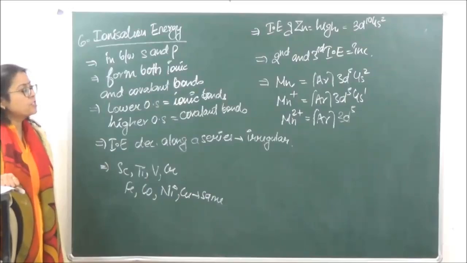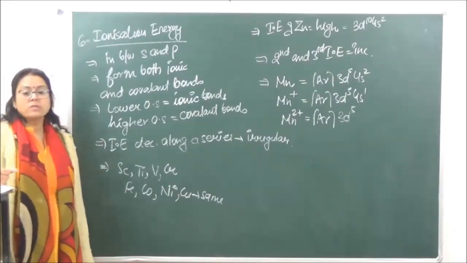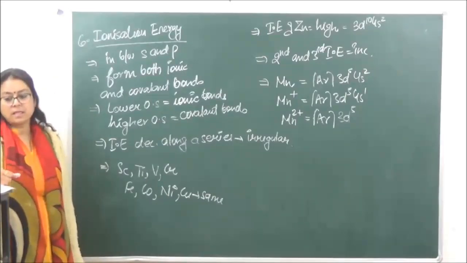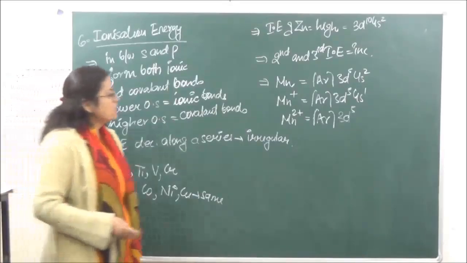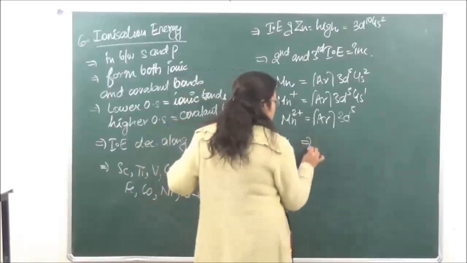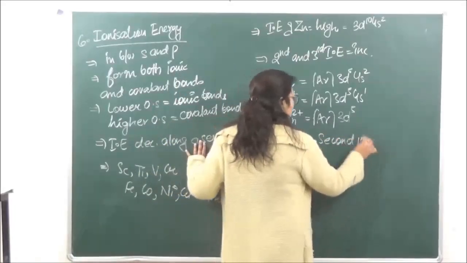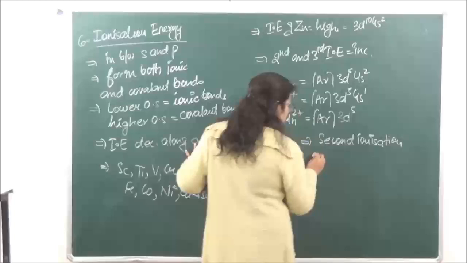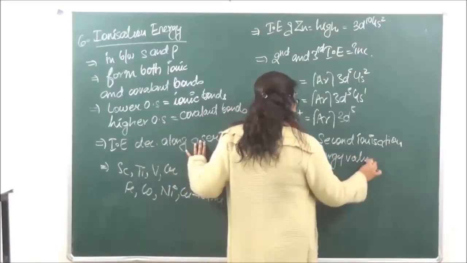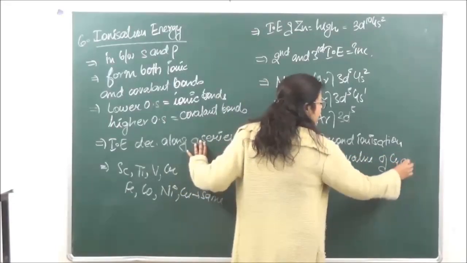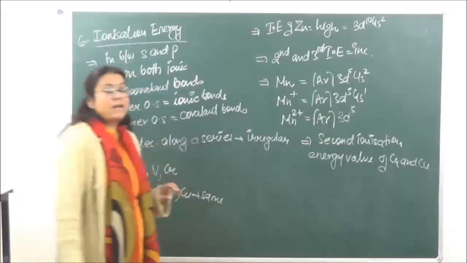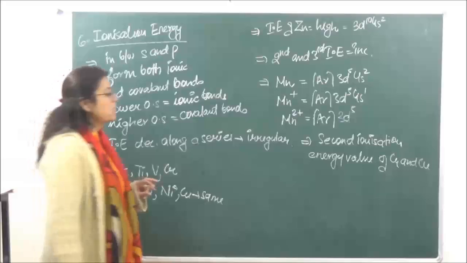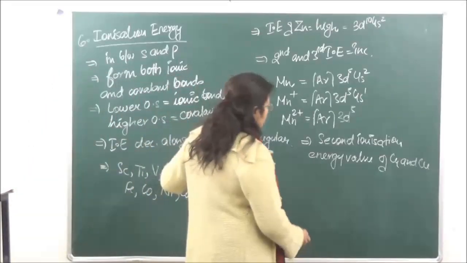So these are the kind of conceptual questions that we can expect from this section, right? Then we go on to the second ionization energy values of chromium and copper. Chromium and copper both have high values of second ionization energy, again attributed to their electronic configurations.